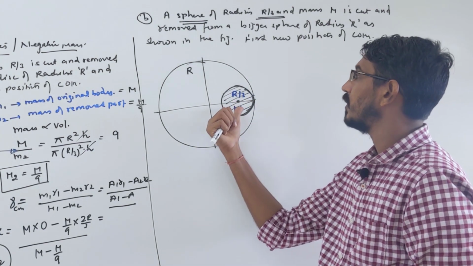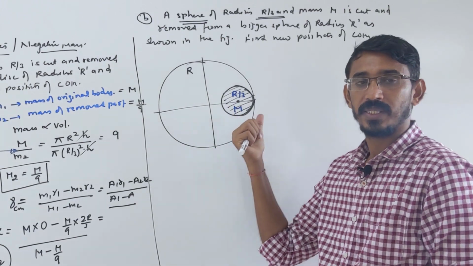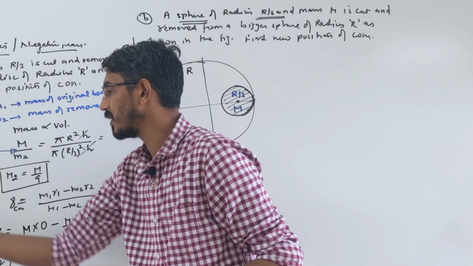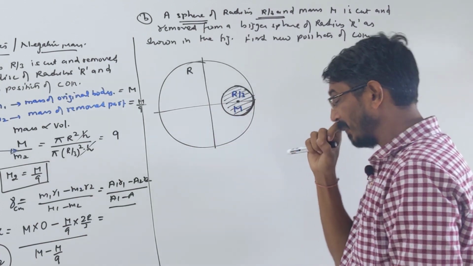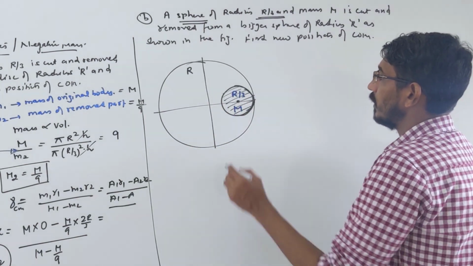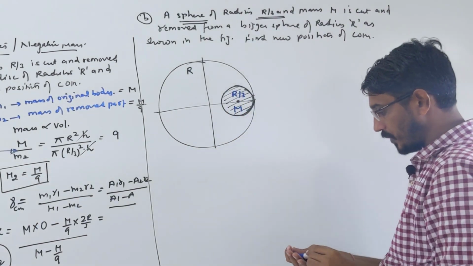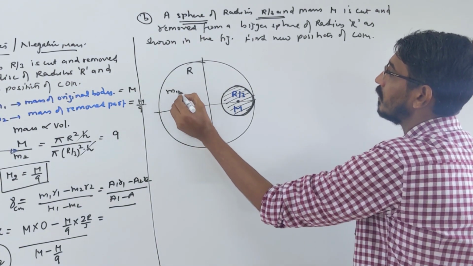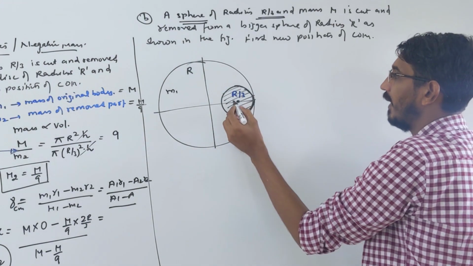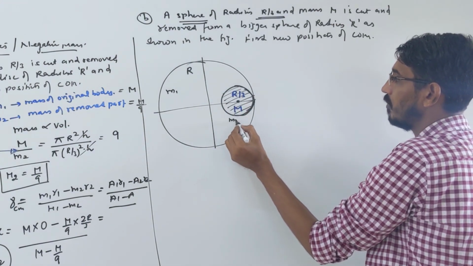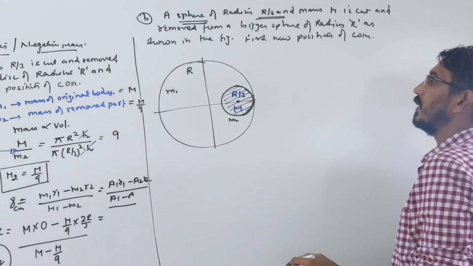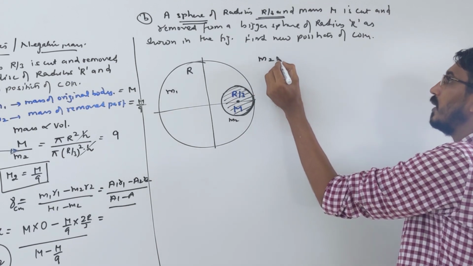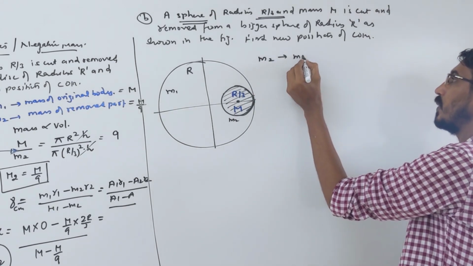This time the mass of the part which is cut and removed is given. Before, the mass of the complete disc was given, doesn't matter, we can find the other. Same procedure we have to do. M1 is the mass of the complete sphere, M2 is the mass of this removed part. M2 we always call the mass of the removed part, right?